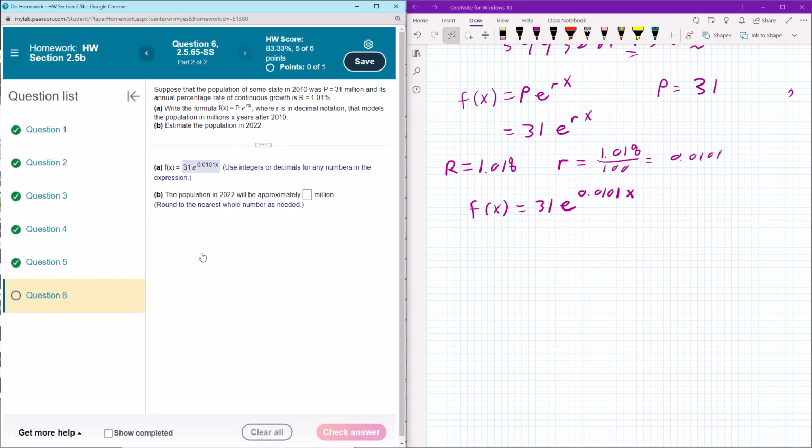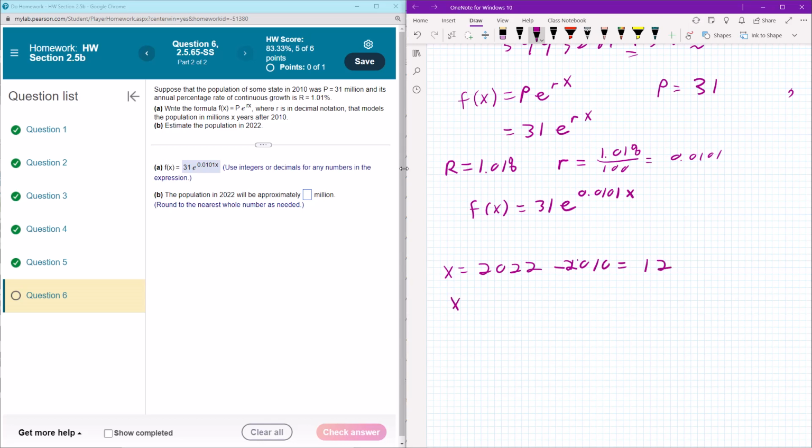And then the very last thing you need to do is estimate the population in 2012. Well, you're basically going to use this formula. You just need to figure out what x is. In this particular case, x is going to be equal to 2022, the year of interest, minus 2010, which will be equal to 12.